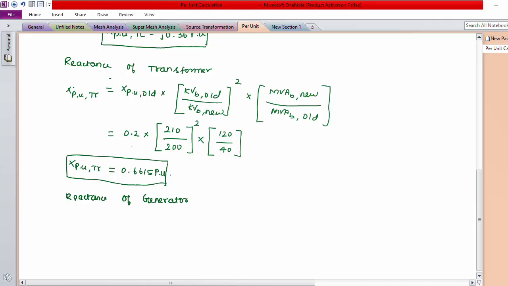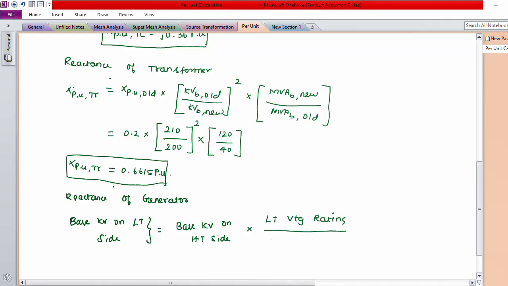So the formula for voltage conversion is base kV on LT side equal to base kV on HT side into LT voltage rating divided by HT voltage rating.